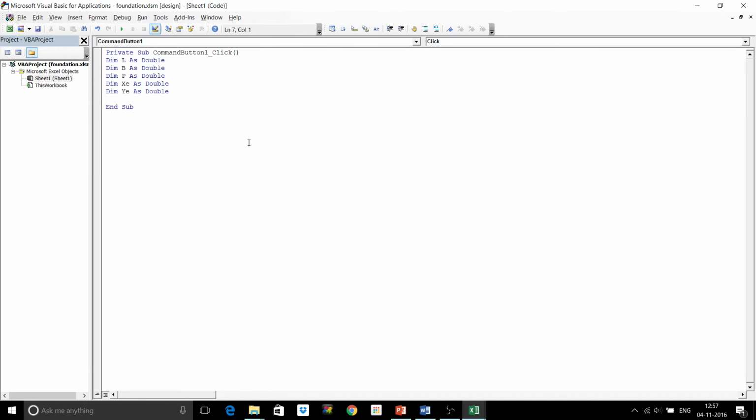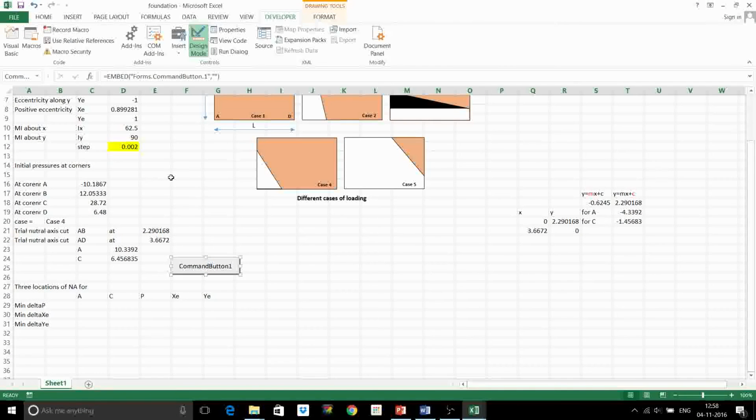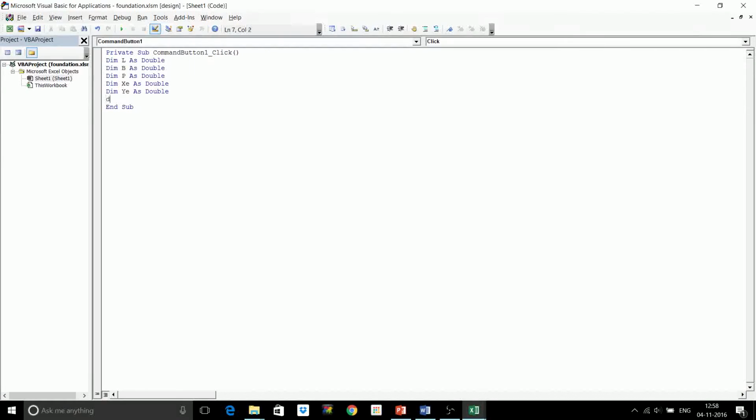Then what else? Step and A and C. Dim step as double, dim A as double, dim C as double, then dim alpha. Alpha I need.